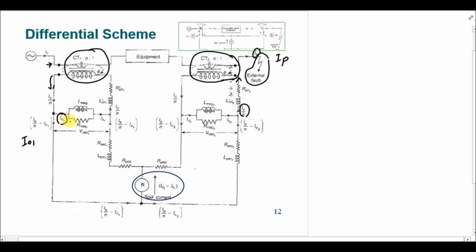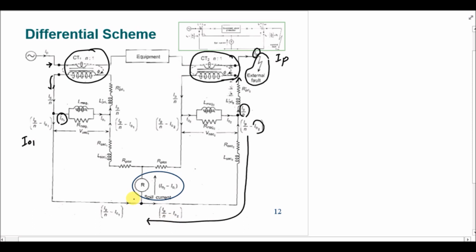Similar to this magnetization branch, there is another magnetization branch for this CT, so every CT has its own magnetization branch. So the current I naught that is represented by I naught 2 for CT2 will be coming to this node. So IP over N should be added with I naught 2. So there will be a subtraction of I naught 2 from IP over N if we have to move away from this node, right? So the current that is passing through this wire is actually IP over N minus I naught 2.